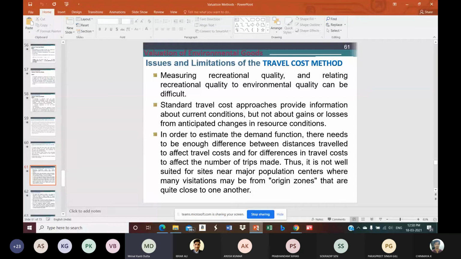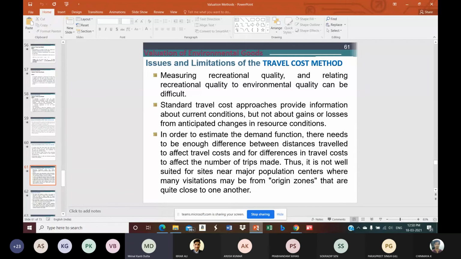For that, the survey is to be designed in such a way that we have enough difference between distances traveled by the different people, because travel cost has to be different. Otherwise, if we are concentrating on a particular zone from where the travel cost will be more or less similar, then we may not see a huge difference in the travel cost, and that will not give us a proper shape of the demand function.